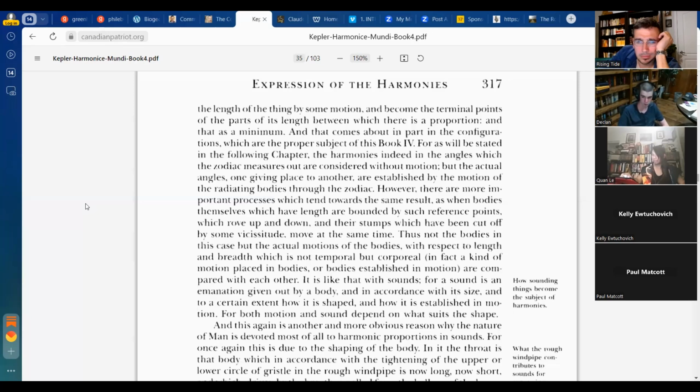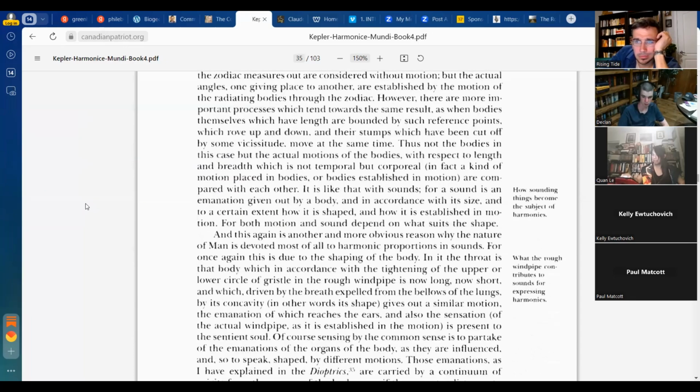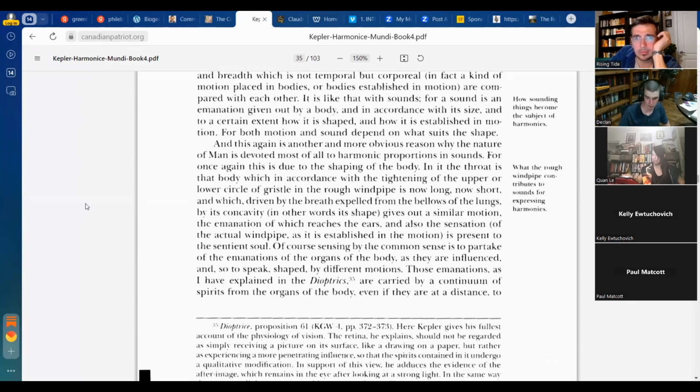For both motion and sound depend on what suits the shape. And this again is another and more obvious reason why the nature of man is devoted most of all to harmonic proportions in sound. For once again, this is due to the shaping of the body.